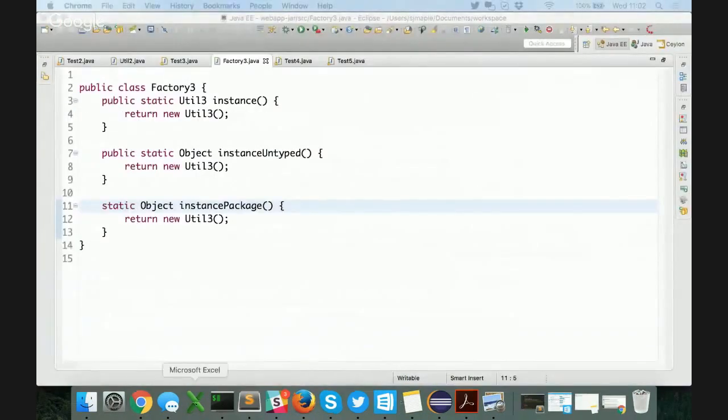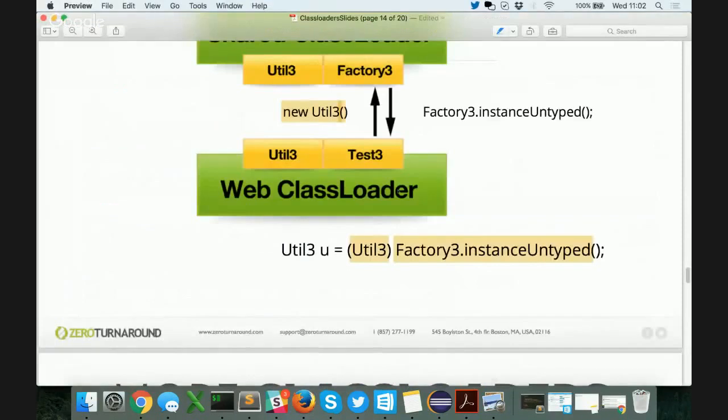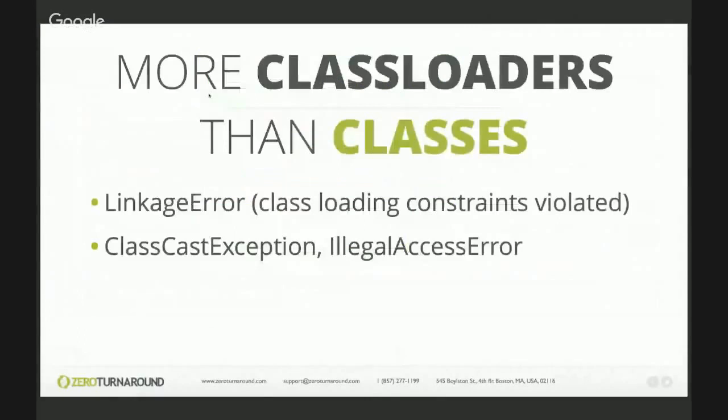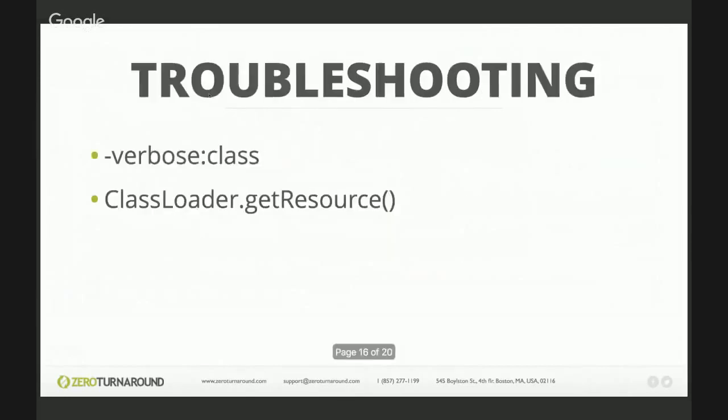Okay, so let's do a quick overview of some of those bits and bobs. More class loaders than classes. If we have multiple class loaders, we can get linkage errors, class cast exceptions, illegal access errors. To troubleshoot, the best thing to do is get resource on a class loader, but try and work out which class loaders, why you're getting multiple class loaders.